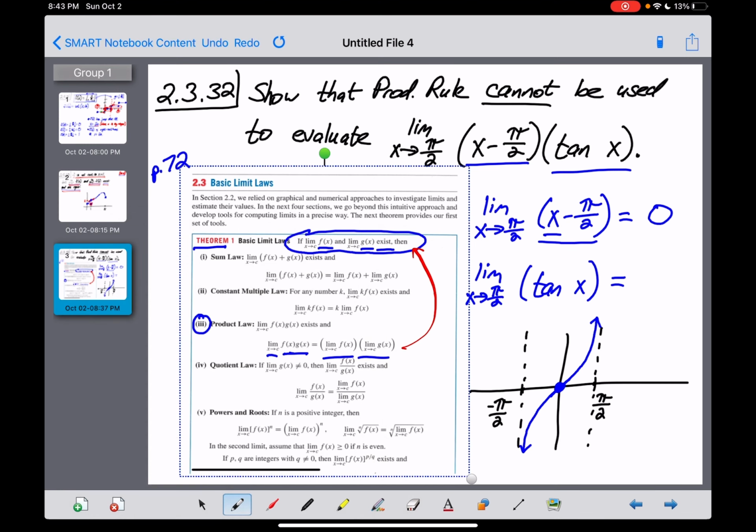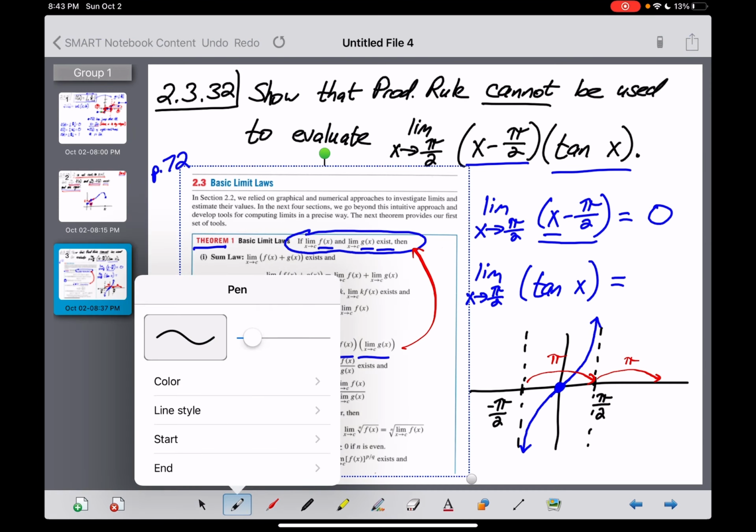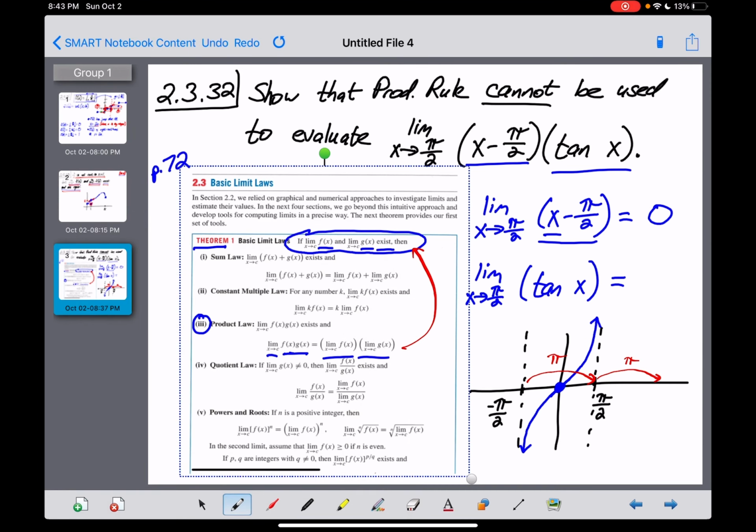The spacing between these two asymptotes, from negative pi over 2 to positive pi over 2, is a spacing of pi. You can continue that spacing another pi units, and that will help you locate your next vertical asymptote. Pi over 2 plus pi is going to be 3 pi over 2.